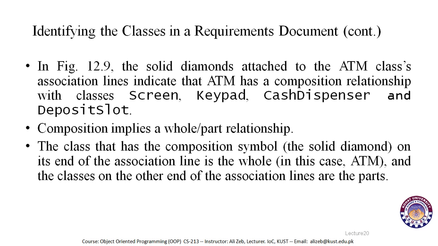So we cannot have a screen without an ATM. We cannot have a keypad. We cannot have a cash dispenser or a deposit slot. So these classes are part of the ATM, and this can be shown through the composition, in that the ATM will contain objects of these classes, in simpler words.